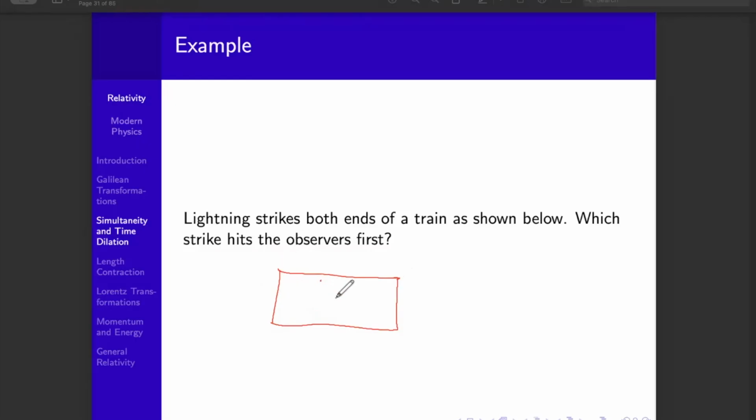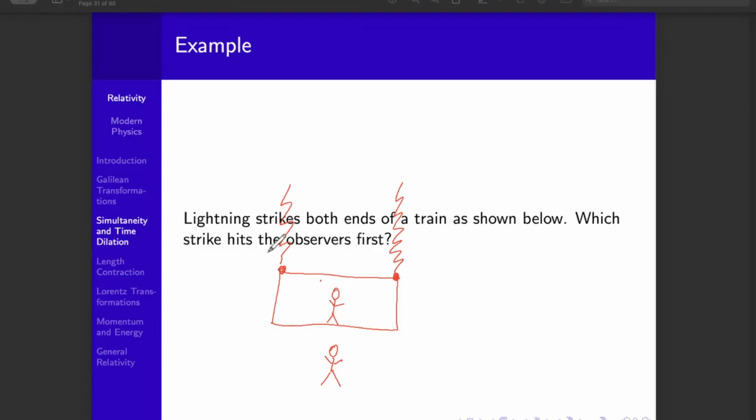But in any case, imagine that there's somebody inside of a train, and then there's somebody, of course, not inside of the train, and lightning strikes both ends of the train at the same time, according to the person who is outside of the train. So it's going to hit both of the endpoints at the same time relative to the person outside.